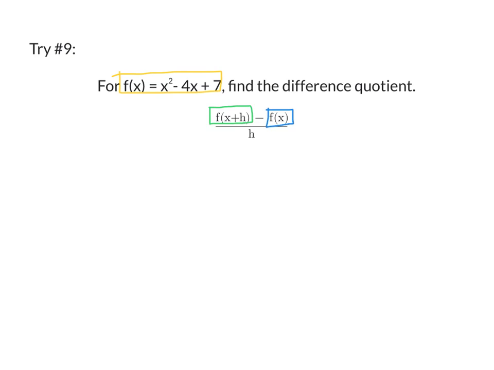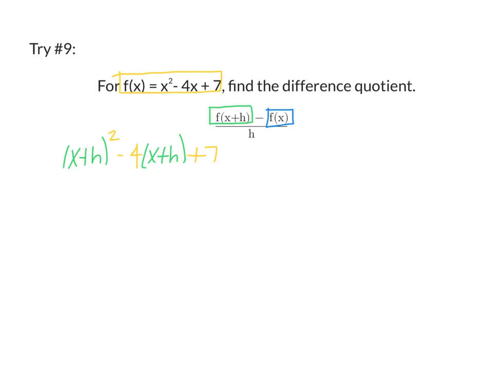Okay, so let's rewrite. Again, every time I see an x, I am changing it to the x plus h. So here we go. We will have x plus h, squared, minus 4 times x plus h, and then plus 7. All I've done so far is rewritten my first function with a new input.